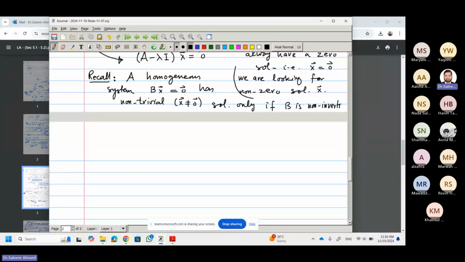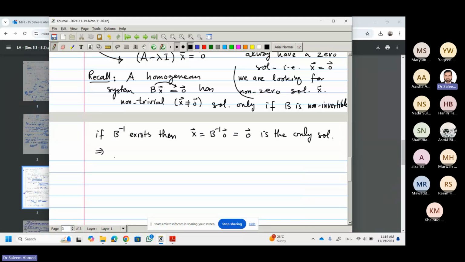That means the inverse of B does not exist. Why? Because if B inverse exists, then I can write the solution. I can just multiply B inverse on the left, and the zero on the right gives you the 0 solution. Okay, if B inverse exists, then 0 is the only solution, and I don't want it.